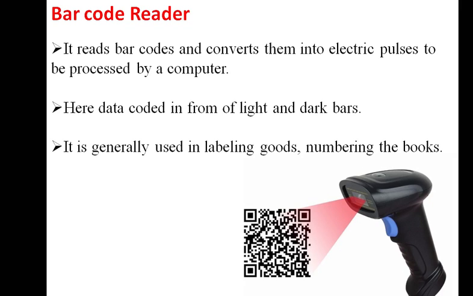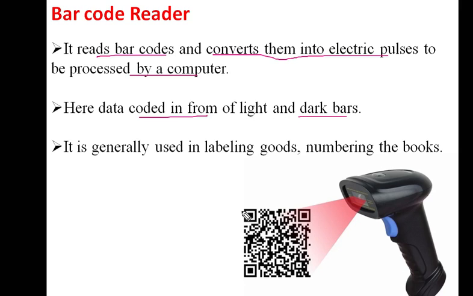Then the barcode reader. Here it reads barcodes and converts them into electric pulses to be processed by the computer. Here data is coded in the form of light and dark bars.